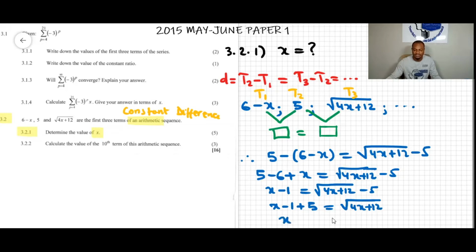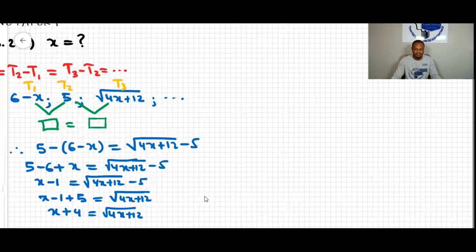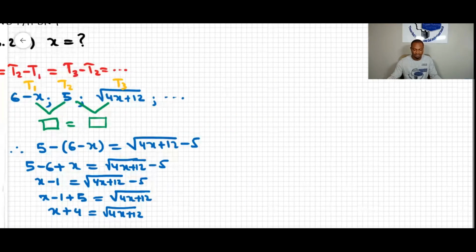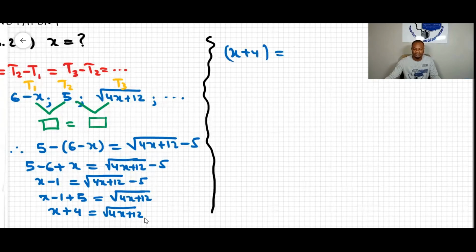Okay, this is x plus 4 equal to the square root of 4x plus 12.